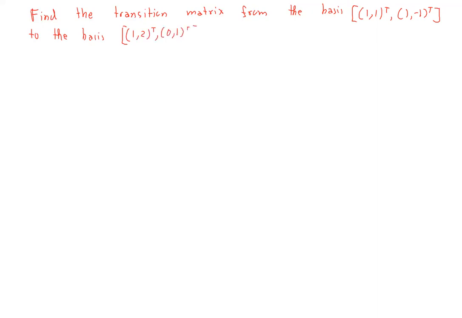It should be easy for everybody to see that the vectors that I gave you here are linearly independent in each of the two cases, okay?